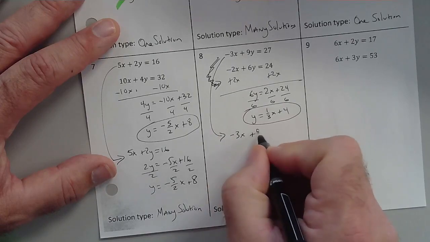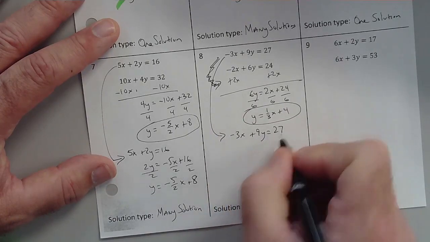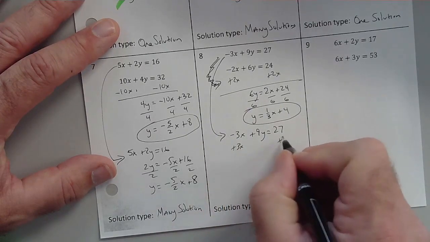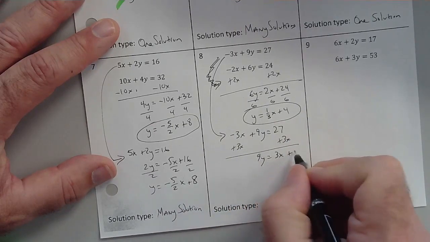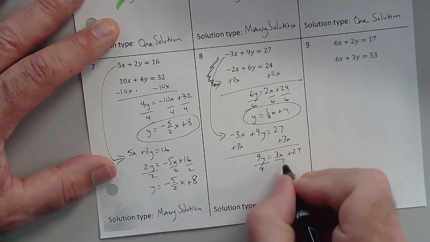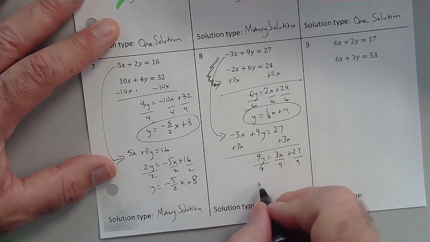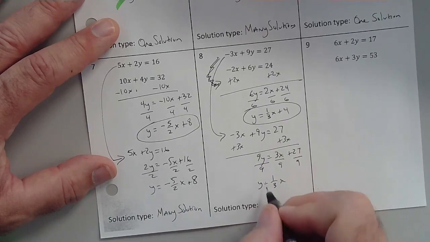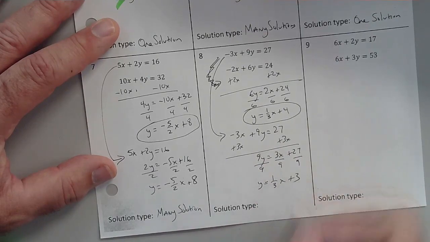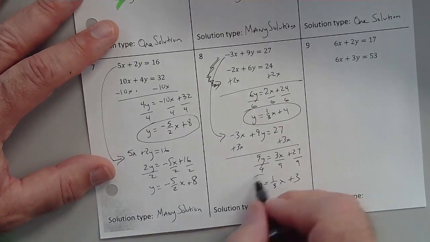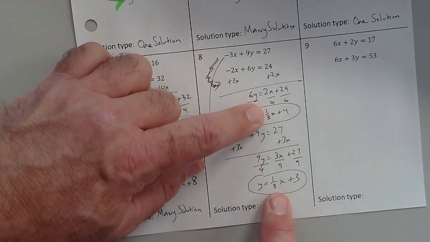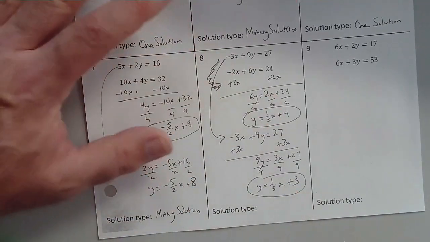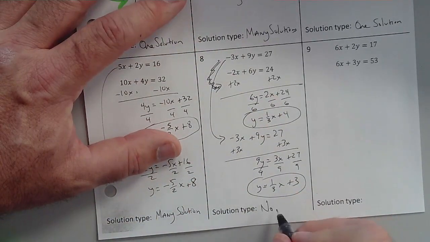Negative 3x plus 9y equals 27, plus 3x, plus 3x. 9y equals 3x plus 27. Divide by 9. Y equals 1/3 x plus 3. 1/3 x plus 3, 1/3 x plus 4. Same slope, different y-intercept, which means we have no solution.